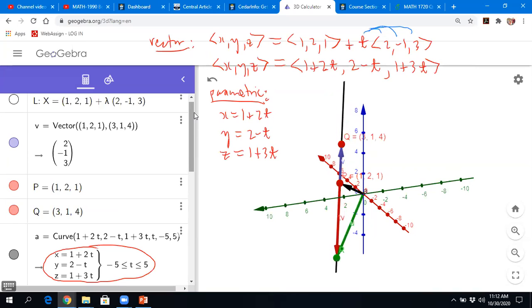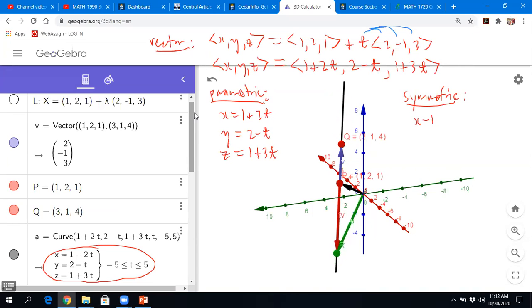Okay, and what about the symmetric equations? How would I get those? Do you remember how I get them? Solve for T. So how do I solve for T in the first equation? What do I get if I solve for T in the first equation?